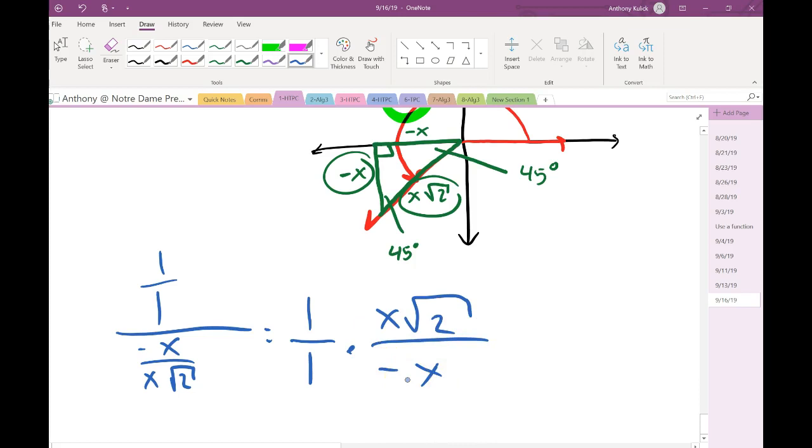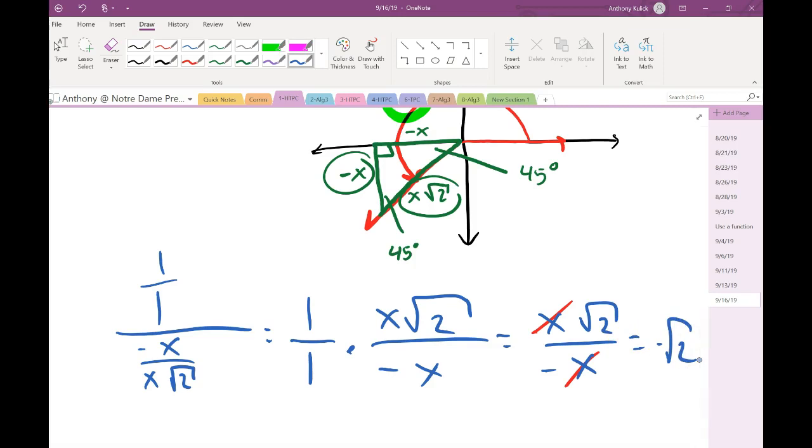Everybody okay with that? Now I can reduce, and I'm left with negative square root 2. Is everybody okay with that now?